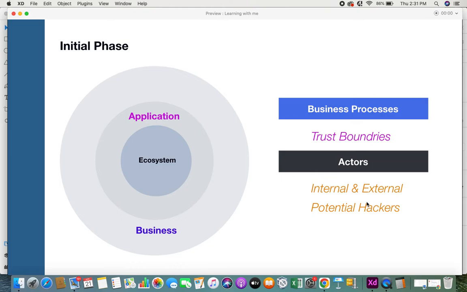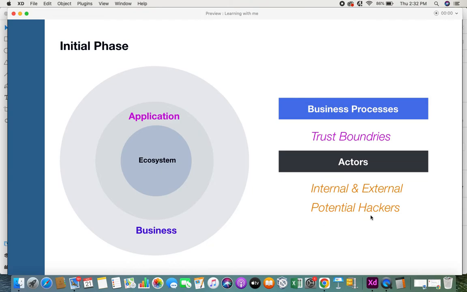So by identifying the actors for a system or for a business, if you look at a business, you have different employees, different applications, different departments, all of them would be considered internal or external actors. The external actors for a business might be their suppliers, their vendors, etc. So when you identify these actors, you'll be able to identify potential hackers.